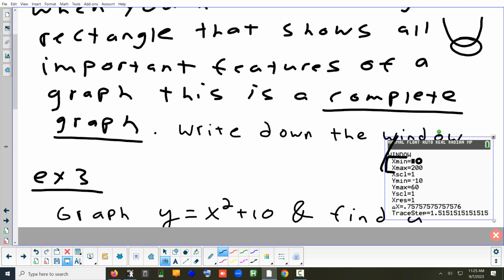Tell me the x, min, and max. That's part of what I need to know for the window. And the y, min, and max. Those are the only 4 things you have to write down when the directions say find a complete graph. And you can write them just like that. That's fine.